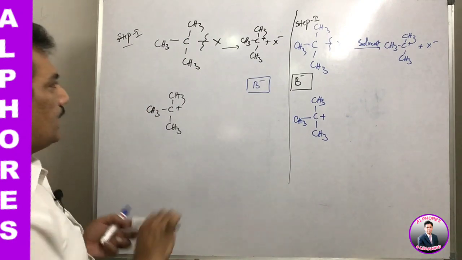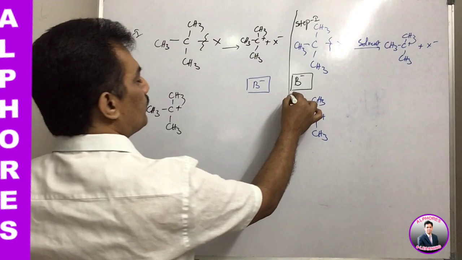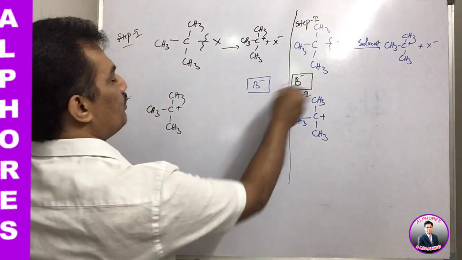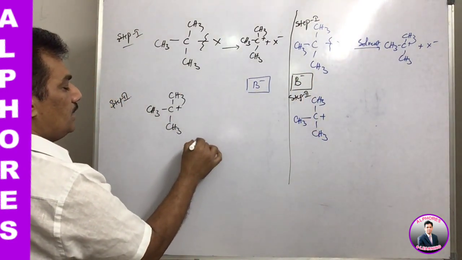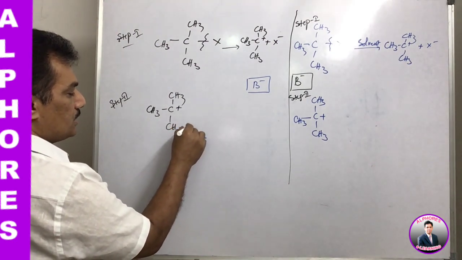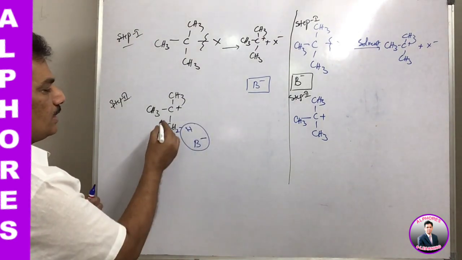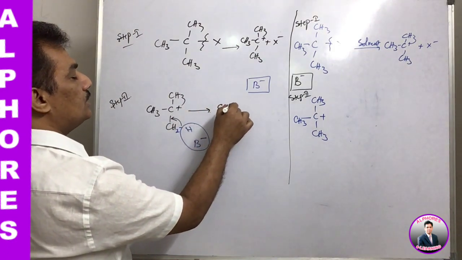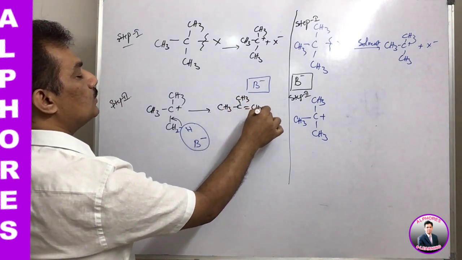Here also we can expect CH3, C plus, CH3, CH3. And now in step 2, this is the substrate. The action of B minus starts. If that B minus is able to abstract one of the hydrogens from this substrate, which facilitates formation of a pi bond, this leads to CH3, CH3 double bond CH2.